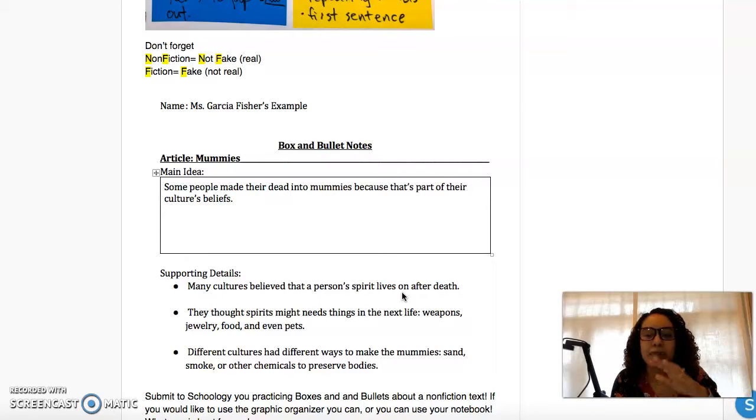So that kind of bums me out, but okay. And then lastly, thinking back for some more supporting details as to why some people made their dead into mummies because that was part of their cultural beliefs, we can also think about how different cultures had different ways of preserving the bodies. So thinking about sand, smoke, and other chemicals to allow this to happen.